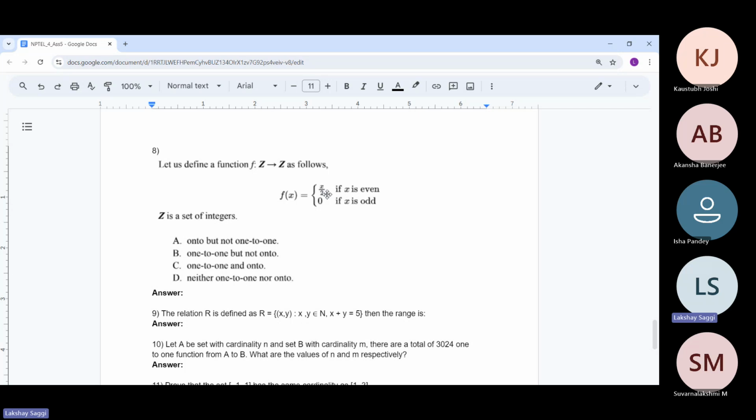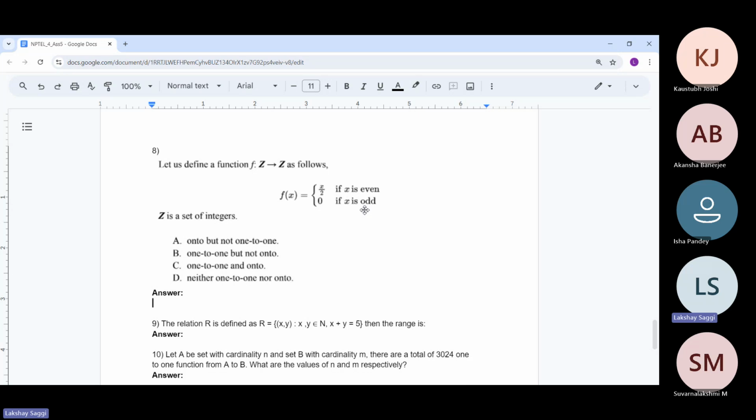So you can see that, first of all, this is a function, since 0 is always an integer, so it always lies in the codomain. And if x is even, then x by 2 is also an integer, so this also lies in the codomain. So for every x, f of x lies in the codomain, and f of x is always unique. Just for a sanity check, we did this.